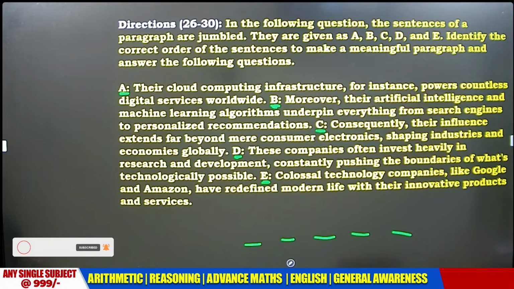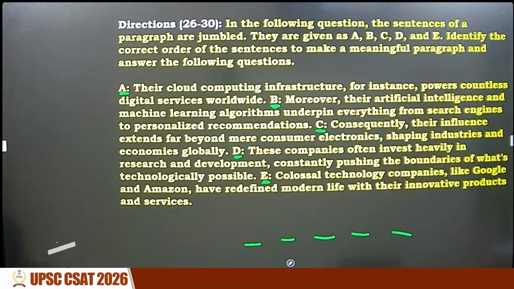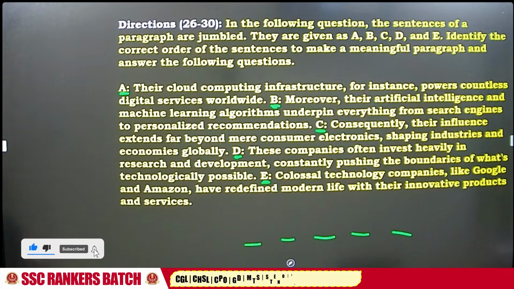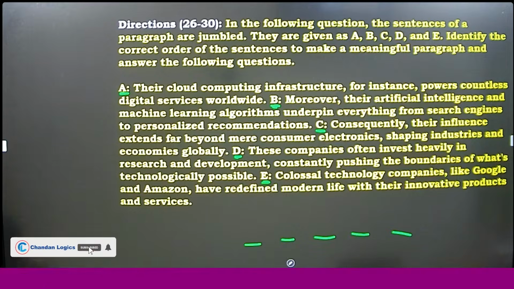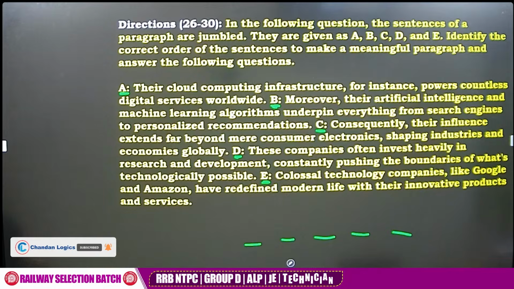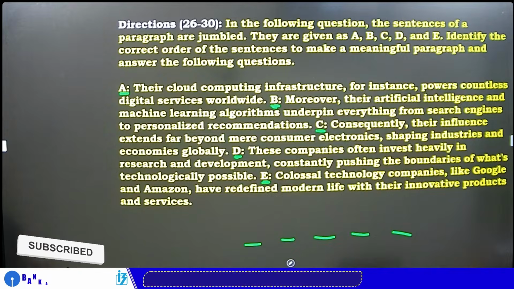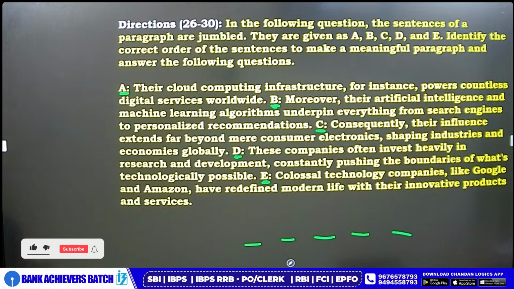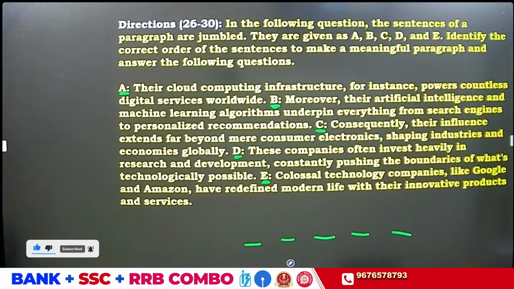Anybody ready with the answer? You can message your answer in the comment section.